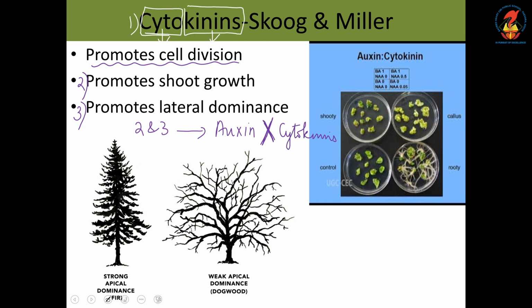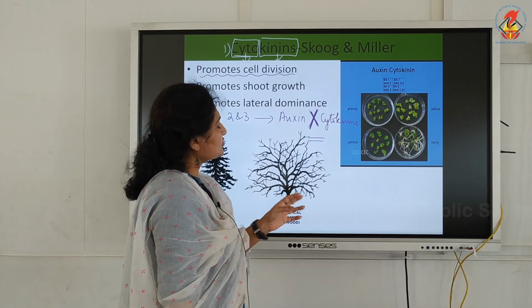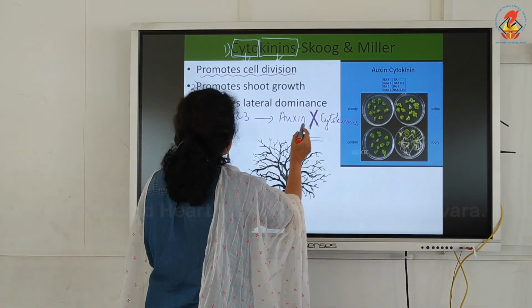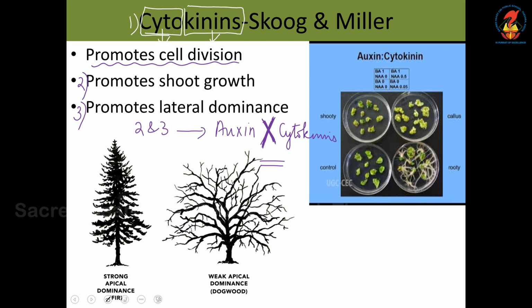I gave the opposite sign, which means antagonistic. If it had the equal sign, it would mean synergistic. Now here auxins and cytokinins are antagonistic, opposite in function. So with that in mind, let's see the second feature.